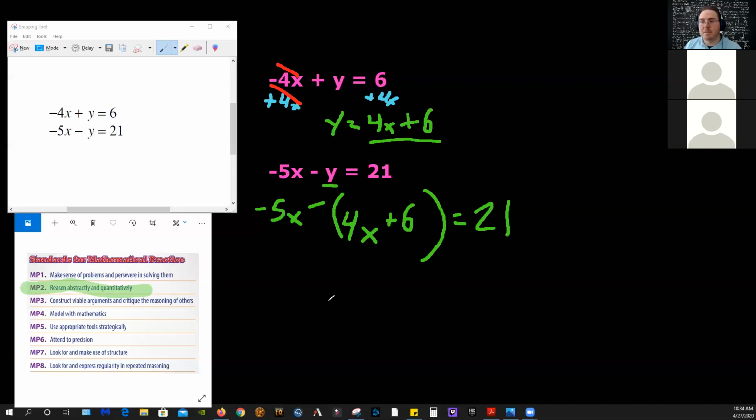So I'm going to give you guys a minute to try that. Let's see what you come up with. Go ahead and send me a private message in chat when you think you have the solution. And your solution will be an x value and a y value. That's what we're looking for, the place where they cross, if they cross at all.